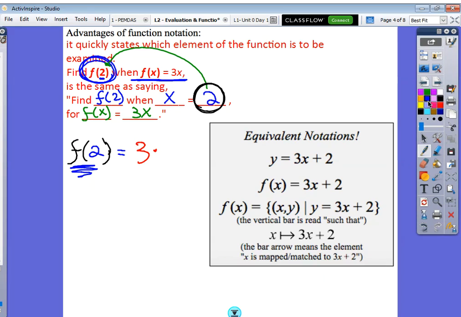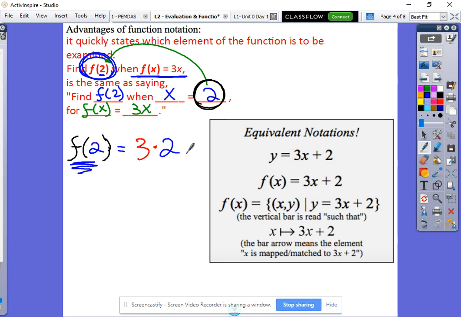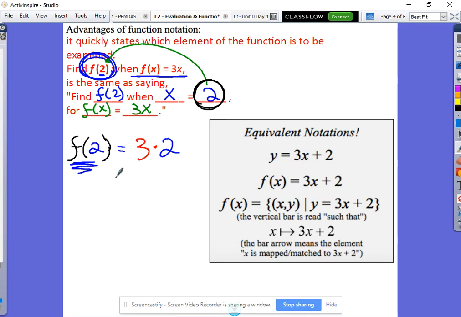And that something is the number 2 that we were given. So 3 times 2, that simply equals 6. So there you are. F of 2 is equal to 6. So that's function notation and how you evaluate a function. That's a really important skill to what we're trying to learn in Foundations of Math 1. Okay? All right, so let's keep it rolling.